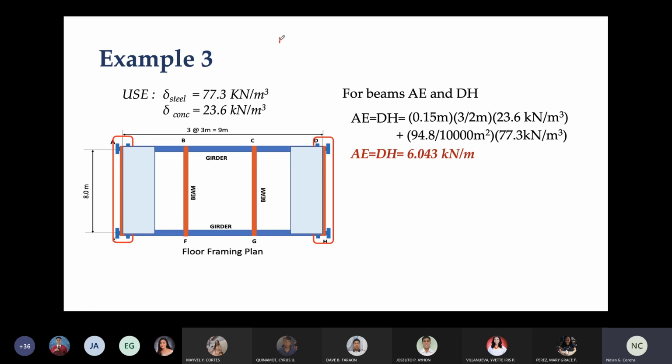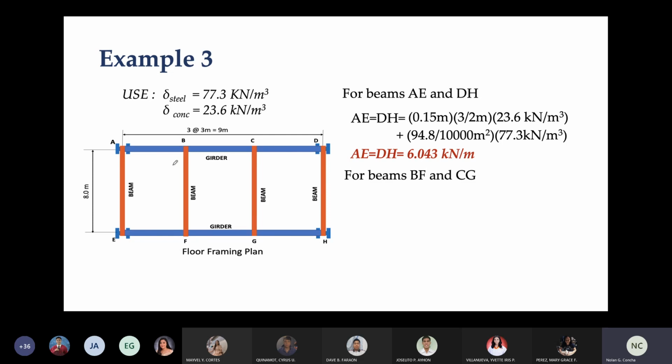So if you look at DH, for example, this is your DH. This is the load per meter length. 6.043, uniformly distributed. Paano naman yung isang beam? Ito naman, BF and CG. Ang tributary area niya, meron siya kalahati sa left, meron din kalahati sa right.